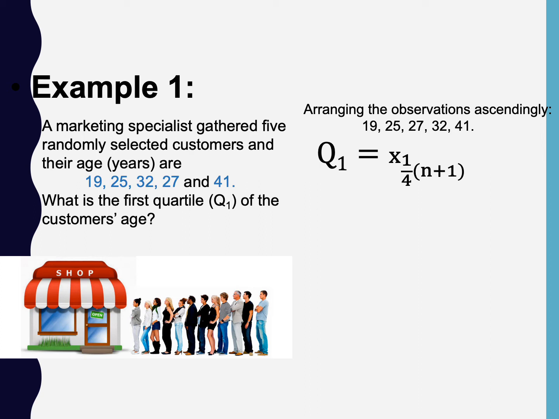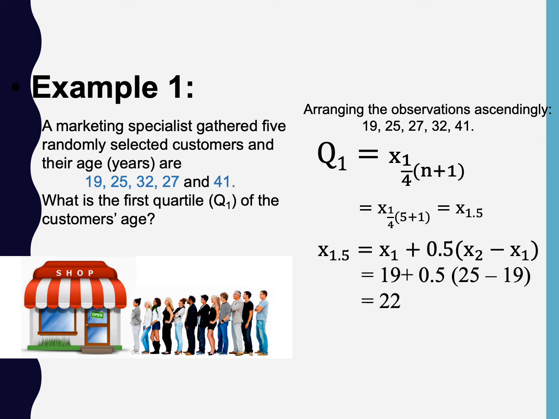Notice that we changed the numerator to 1 since you're looking for Q1. So that will give you x sub 1.5. So meaning, the first quartile is located between the first data and the second data observation. Getting the average between 19 and 25, that will give you 22.